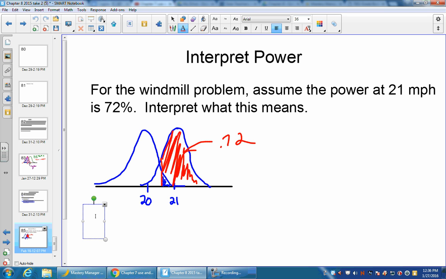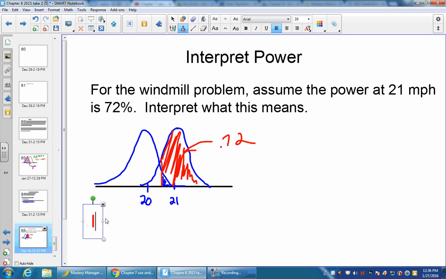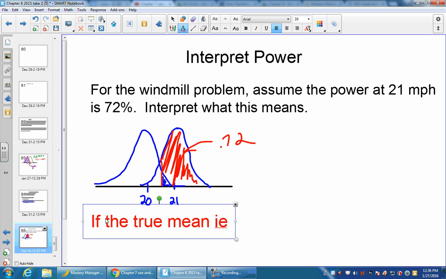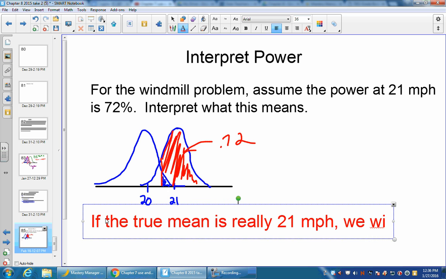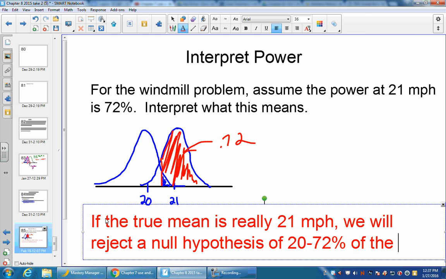So I'll write that out. What the power means here is, if the true mean is really 21 miles per hour, we will reject a null hypothesis of 20 72% of the time.